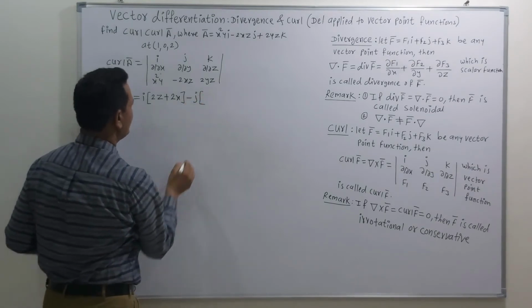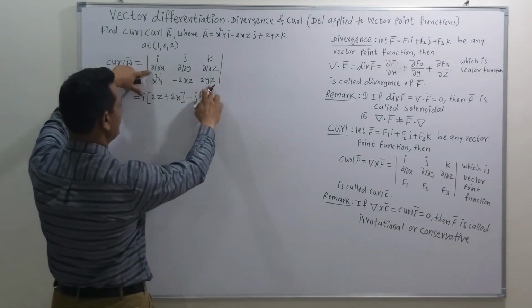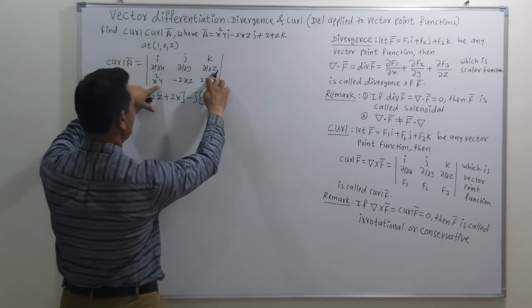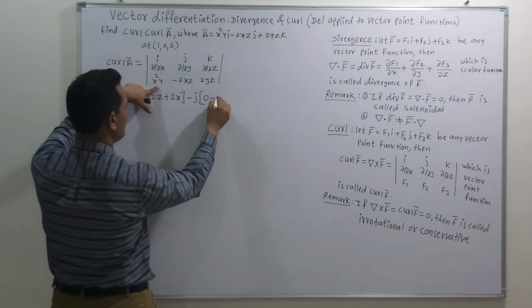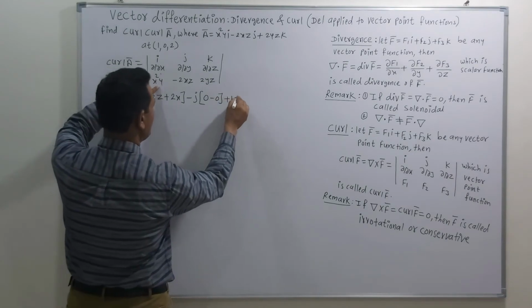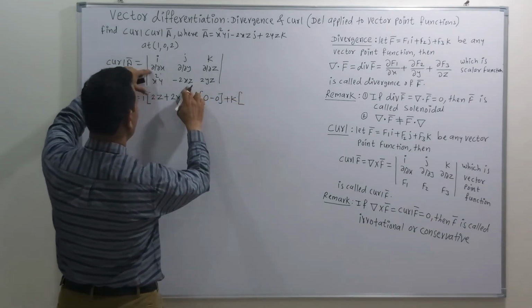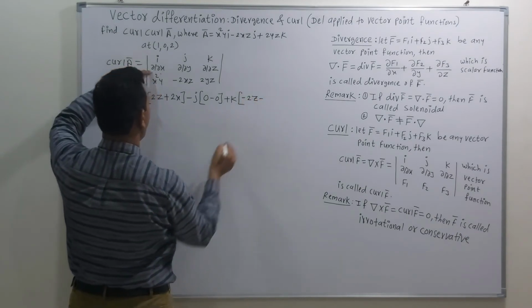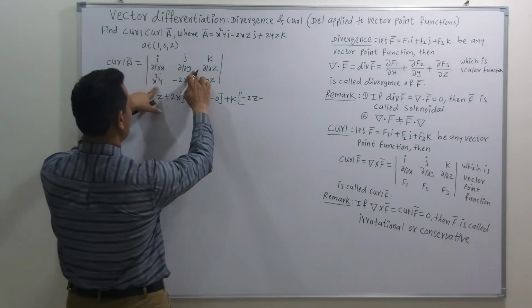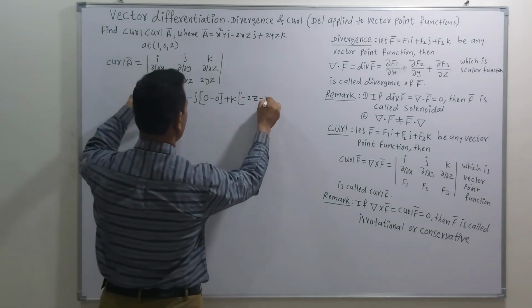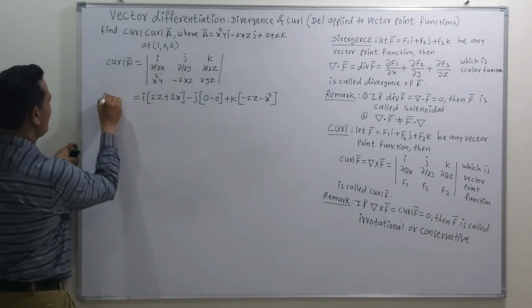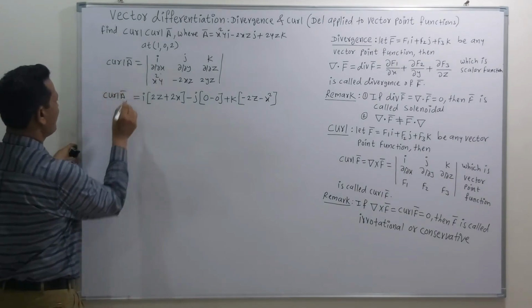Then minus j, the derivative of this function with respect to x, which is 0, minus the derivative with respect to z, which is again 0. Then plus k, the derivative of this function with respect to x, which is minus 2z, minus the derivative of this function with respect to y, which is x squared. So now friends, this is the value of our curl of A bar.